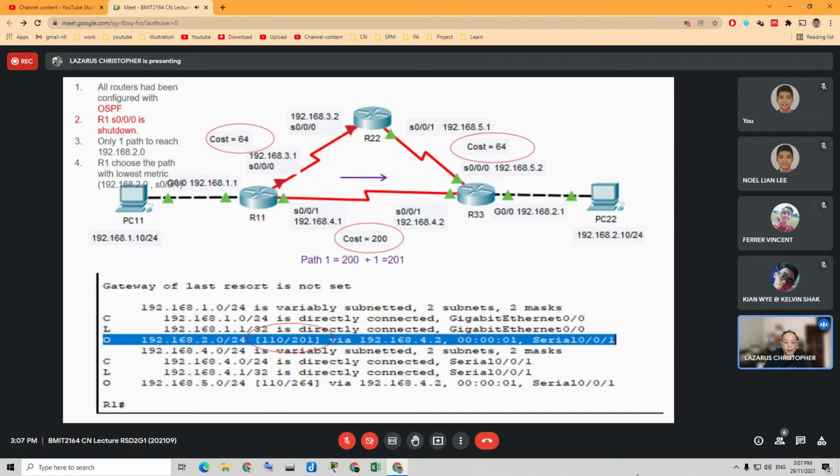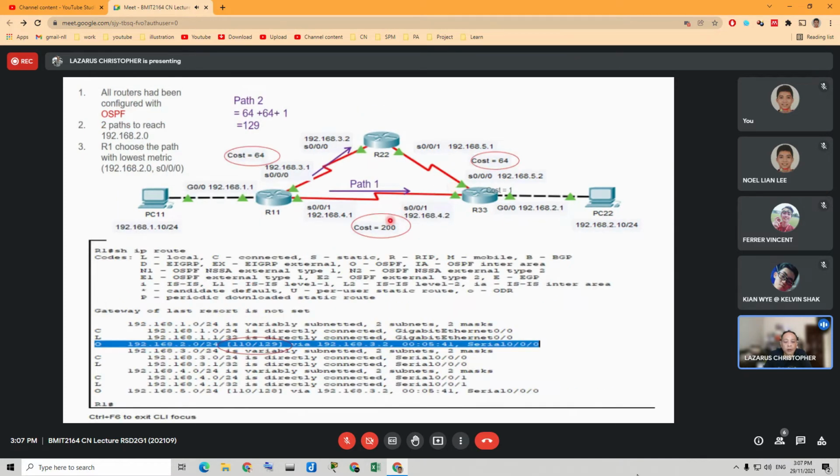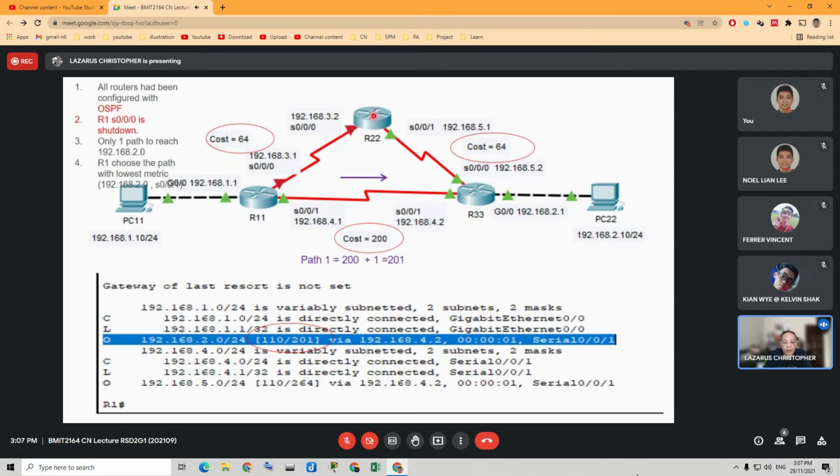Before, both were available, and the router chose which path to enable inside its routing table based on cost, so this one won and was entered into the routing table. Now when we disable this, there is no more of this option. It cannot forward here anymore, so automatically only one is left. This one takes over, meaning the router will configure this path as the path to forward to this network.